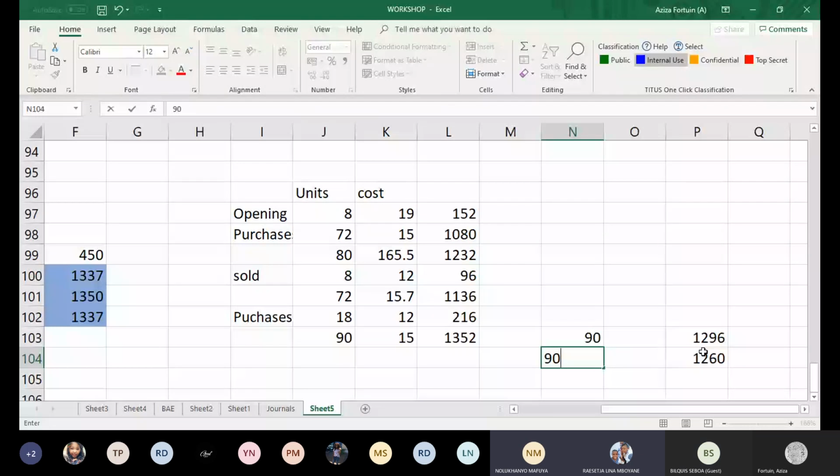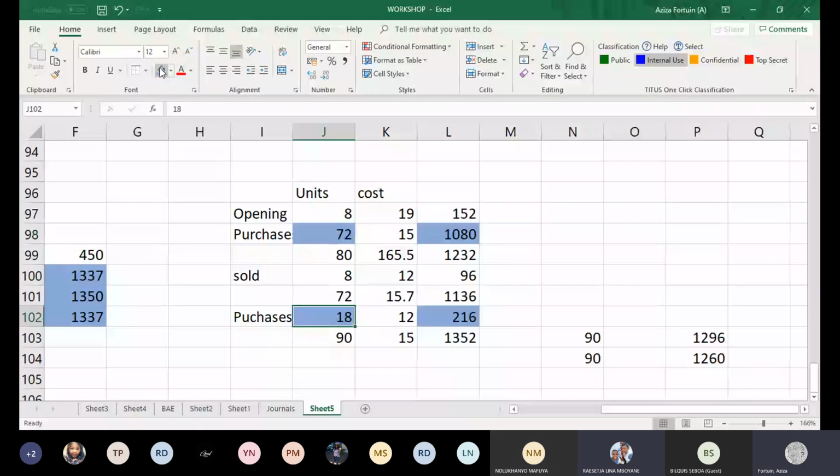I also got 1296. Okay. So it's just basically the 1080 and the 216, the 72 and the 18. Did you get the 90 at 1296? So what was taking you people so long? There's still people that are still busy with it.